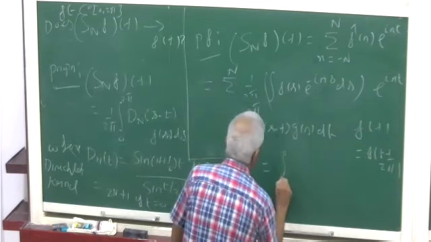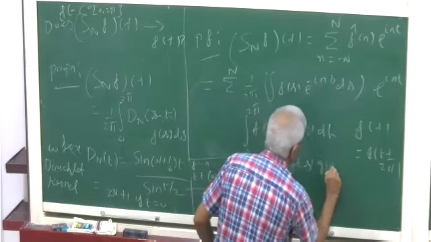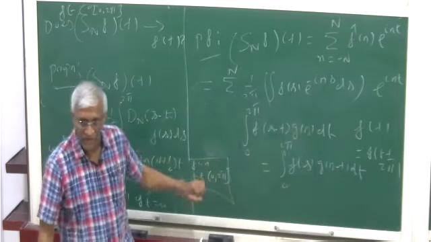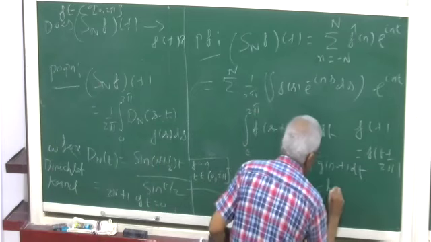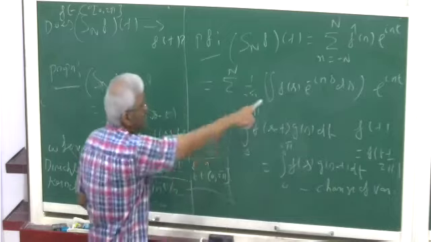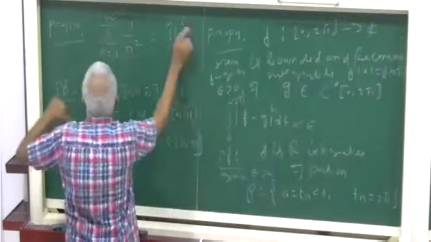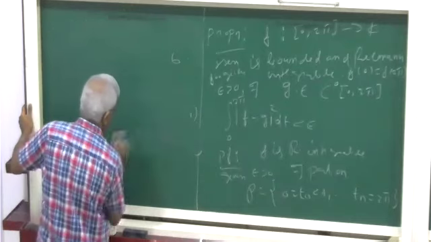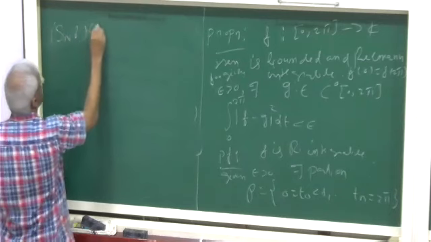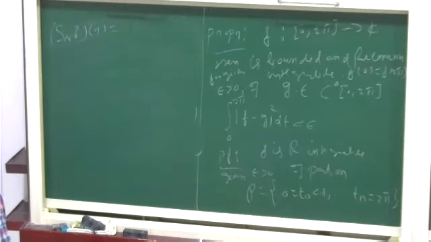This is the same as integral from 0 to 2π of f of s, g of s minus t. Just change that variable.